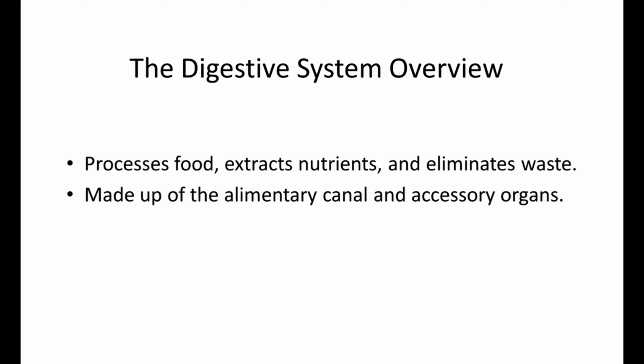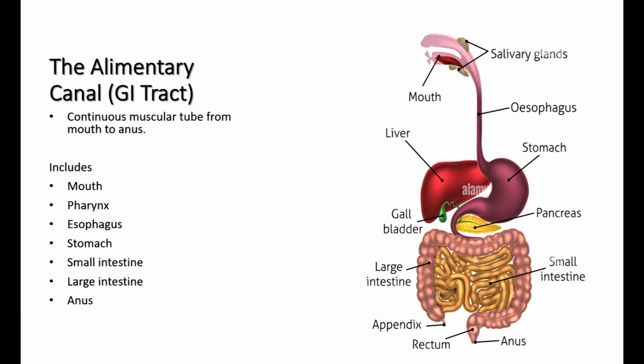The digestive system is essentially a long muscular tube that starts at the mouth and ends at the anus. Along this tube, food is broken down, nutrients are absorbed, and waste is eliminated. We divide it into two parts: the alimentary canal, also called the gastrointestinal tract, which includes the mouth, pharynx, esophagus, stomach, small intestine, large intestine, and the anus.